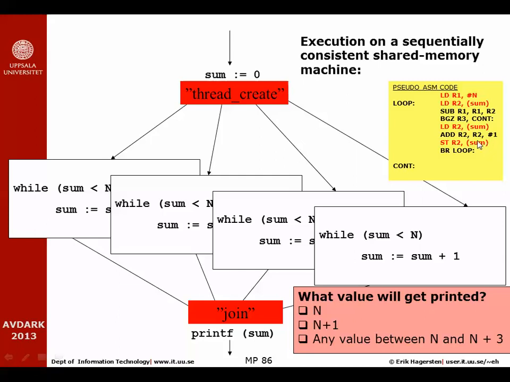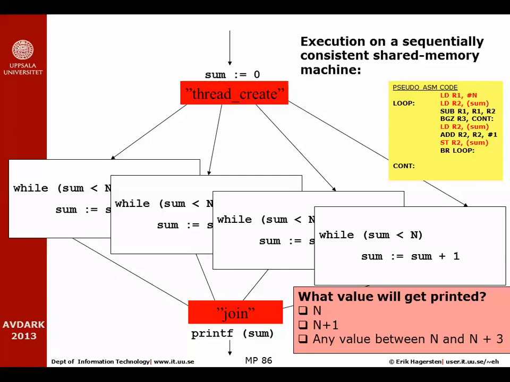The one following it will load the new fresh value n from memory and quickly change it to n plus 1, and the one following it may see the new value, and so on. So it is theoretically possible that the value n plus 3 will get printed out here.